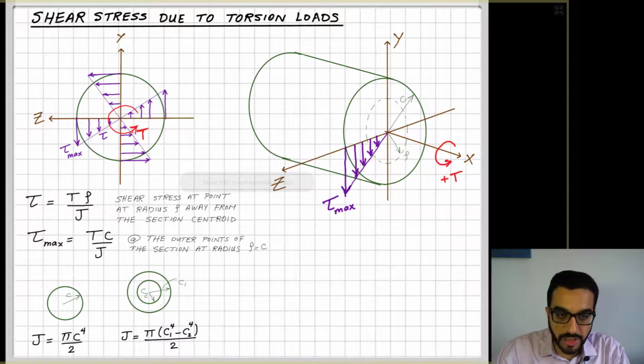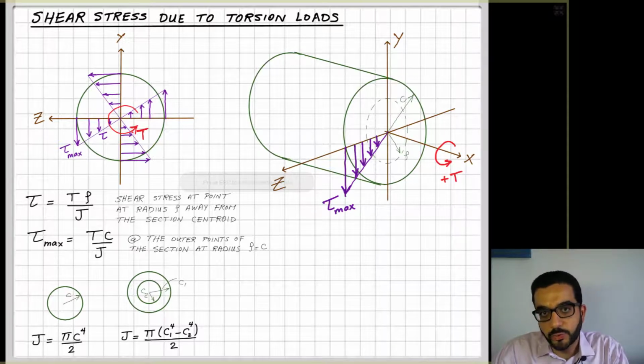So the left point will have tau max pointing down, the right point will have tau pointing up, the upper point will have tau going left, because all of that is following the direction of T, the torque. So tau follows the direction of T in the perpendicular direction of the radius connecting that point from the centroid of the section.